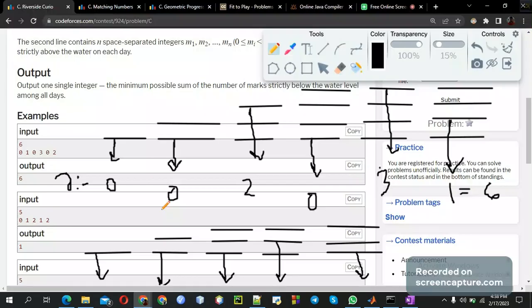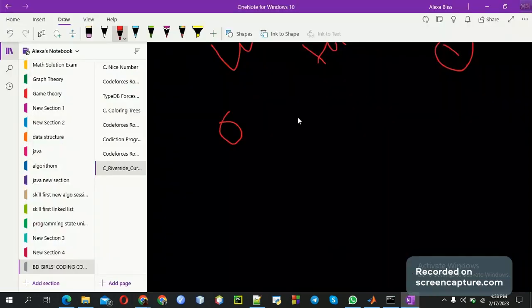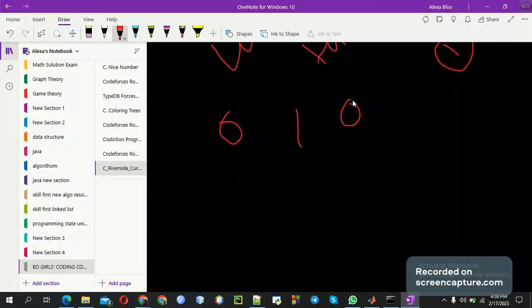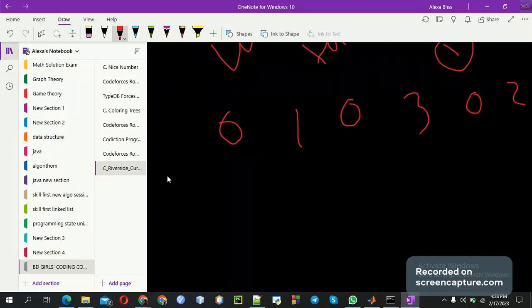So what is the thing we have to build here? If we mark the note 0 1 0 0 1 0 3 0 2 0 1 0 3 0 and 2.